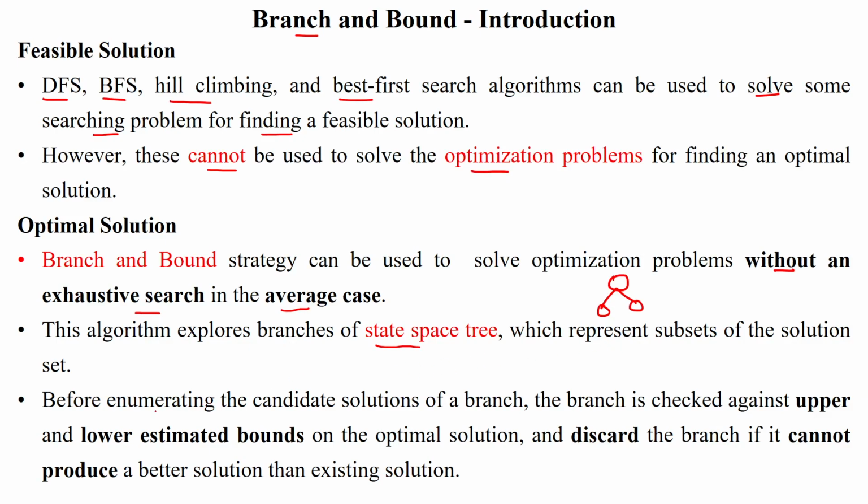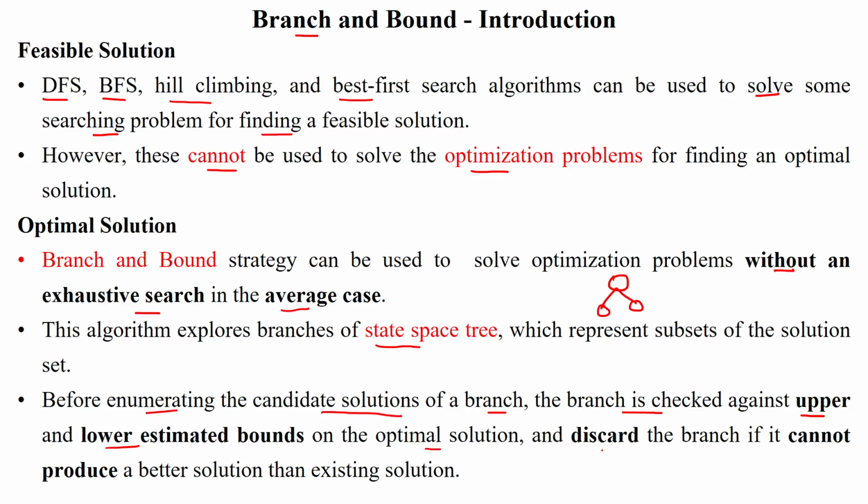Before enumerating the candidate solutions of any branch, the branch will be checked against two bounding functions, either an upper bound value or a lower bound value, to find the optimal solution.